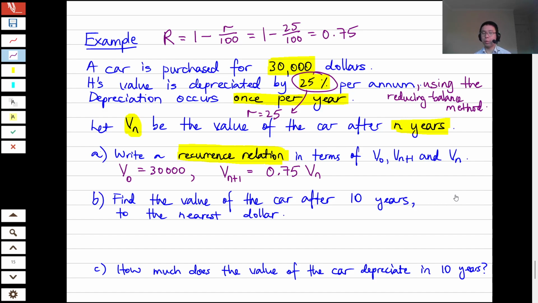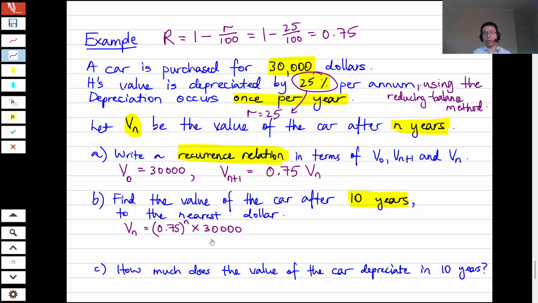And now we've done the hard work, because now we can do some calculations with this recurrence relation. So part B asks us to find the value of the car after 10 years. So first we'll write down a formula. Vn equals 30,000 times 0.75 to the power of n.